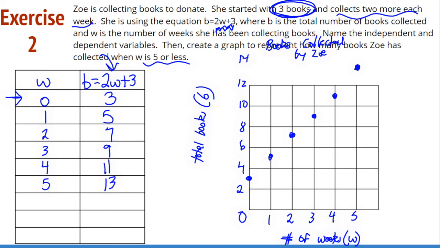So on my scale here, I couldn't just do 3, 5, 7, 9, 11, and 13, because that would have left me a gap of 0 to 3 at the bottom. One of the rules of a scale is that your scale has to be uniform. You have to count by the same amount every time. So by counting by twos, I was able to start at the 3, and then I was able to do the odd numbers halfway in between.